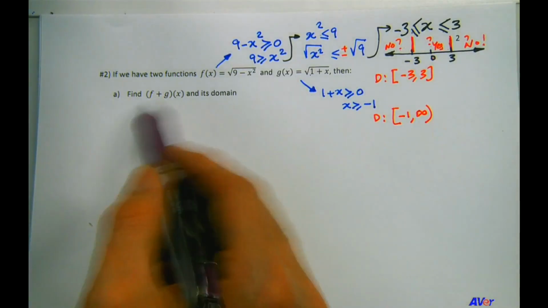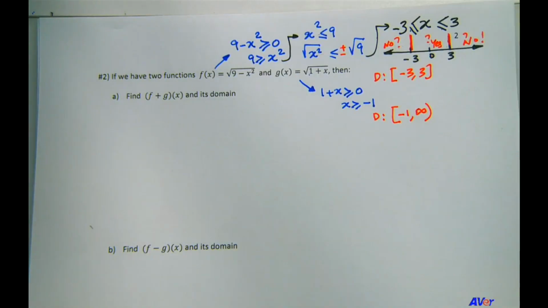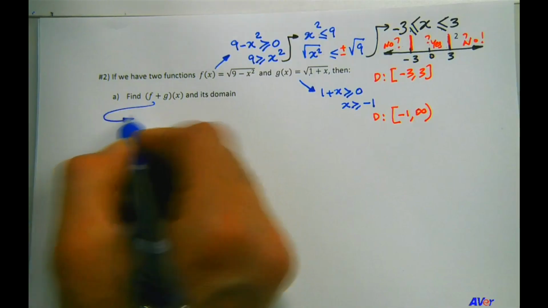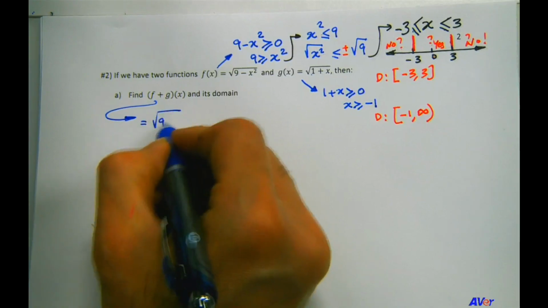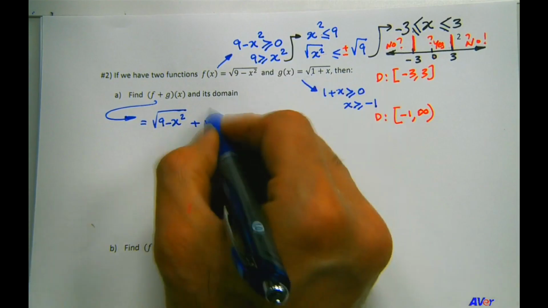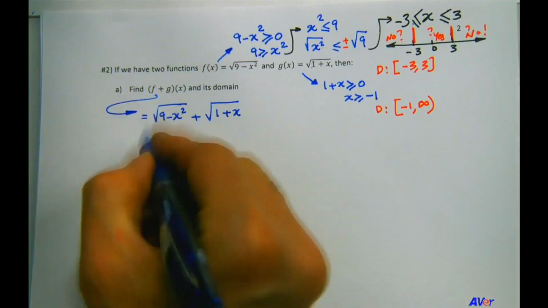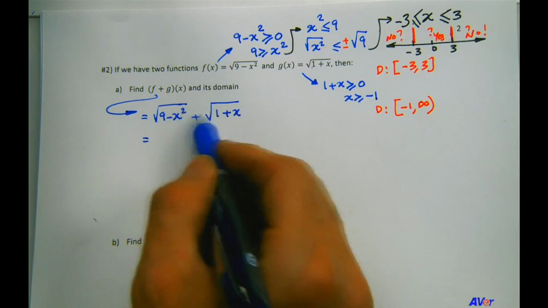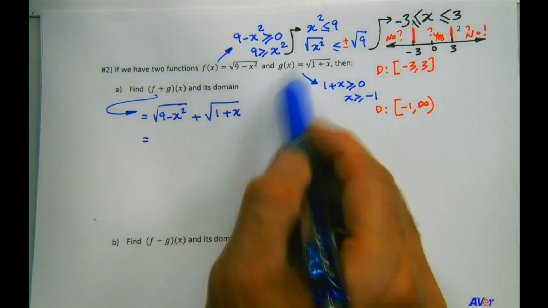So now let's find each combined function and their domain. If we add f and g, what do we get? We get square root of 9 minus x squared plus square root of 1 plus x, right? Okay, so in here, there is nothing that is different that would make this function different than either one of the parent functions.